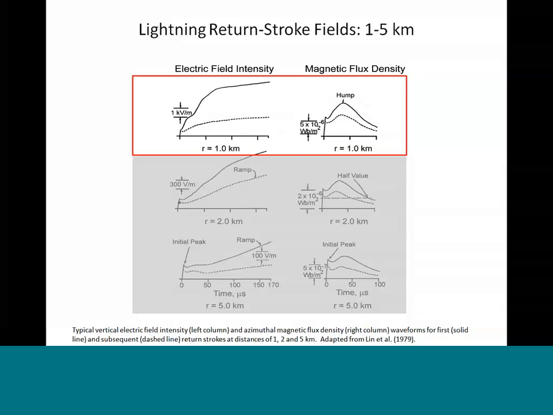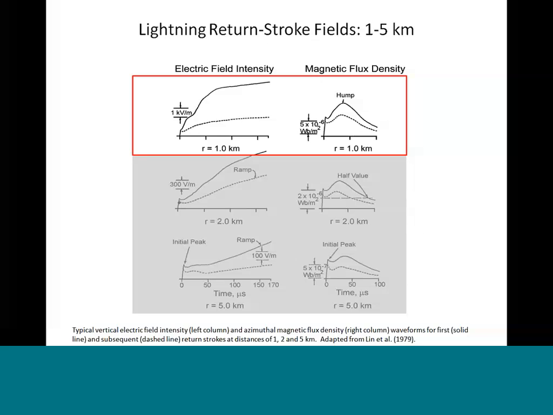We call the path of propagation of lightning the lightning channel, and the attachment point to the ground we call the channel base. You see the electric field at a distance of 1 kilometer is characterized by an increasing ramp, and the magnetic field by a first peak followed by a hump, this second peak.